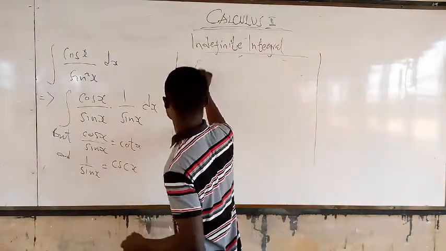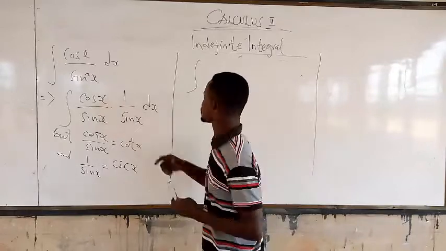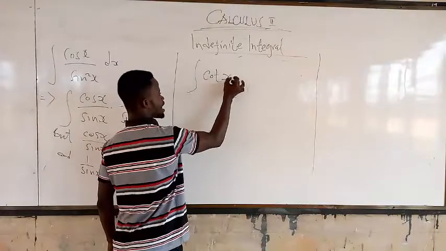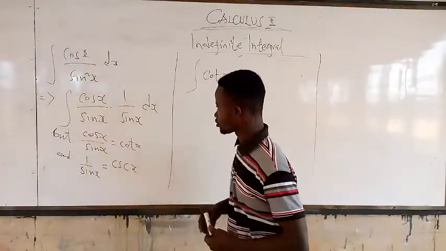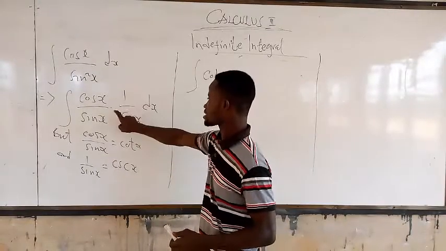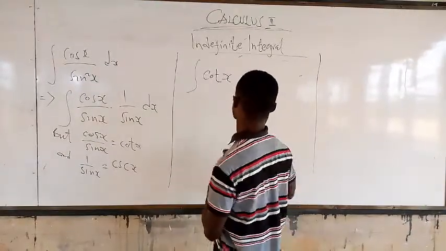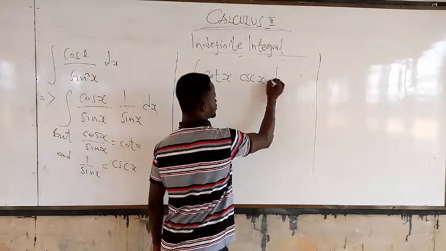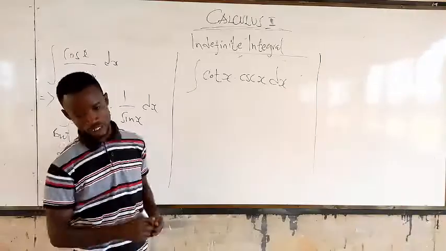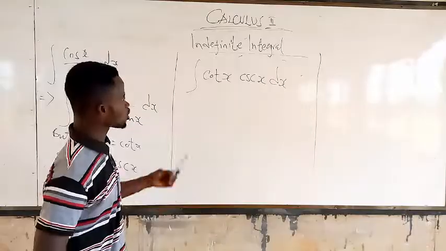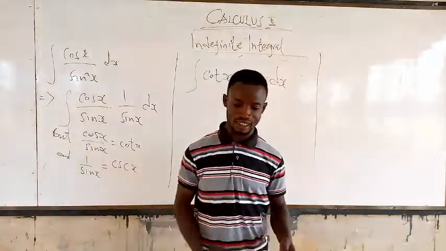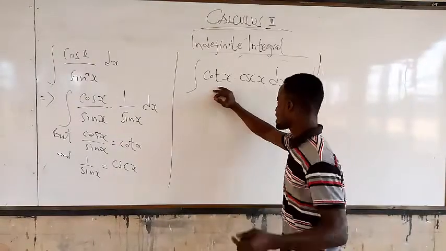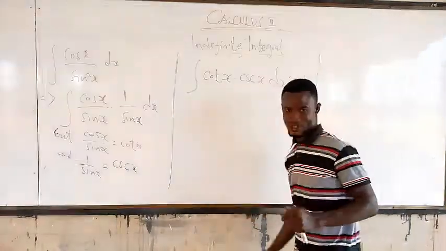So that means that here, by substitution, we are going to get cot x times cosec x, and we are integrating it with respect to x. So straightforward. Go back to your basic table of integration and check. What is the integral of cot x cosec x?